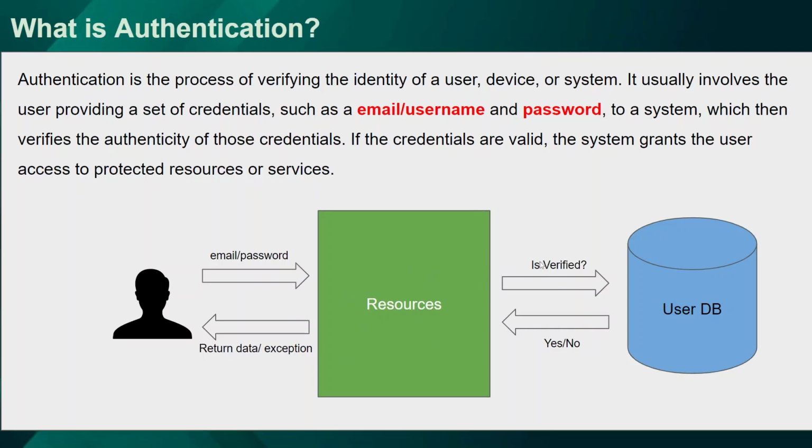If your credentials are correct, which means you are a verified user, you get the data as a response. But if you are not verified, which means you entered some incorrect credentials, it will return an exception saying your email or password is incorrect, something like that.